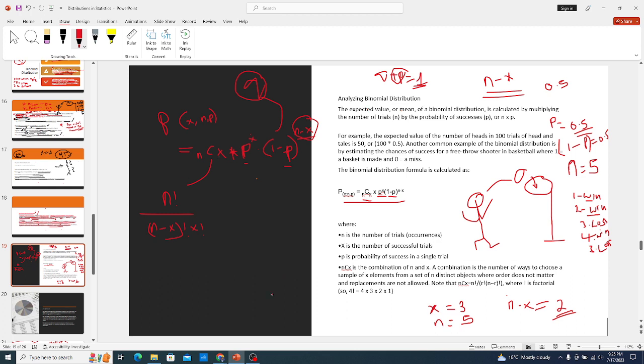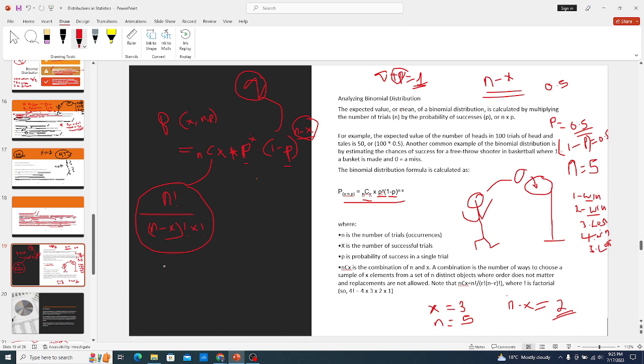Let's now do this calculation. Since we have a simplified way to calculate combination, we are going to use this combination to calculate the probability.